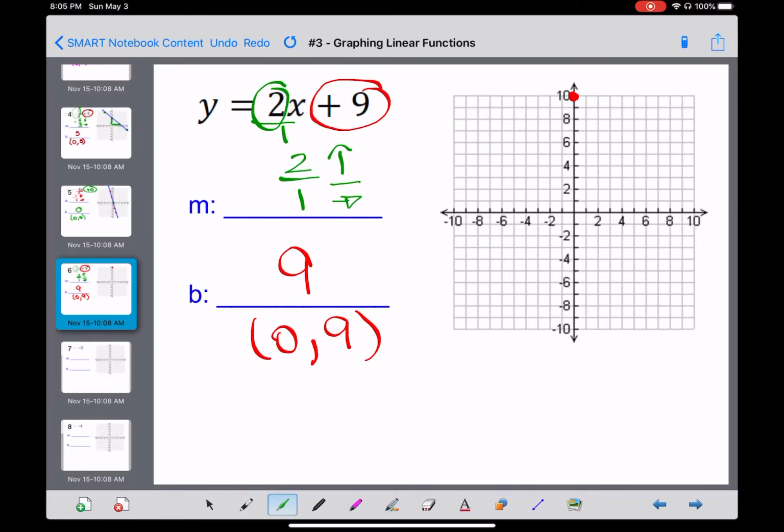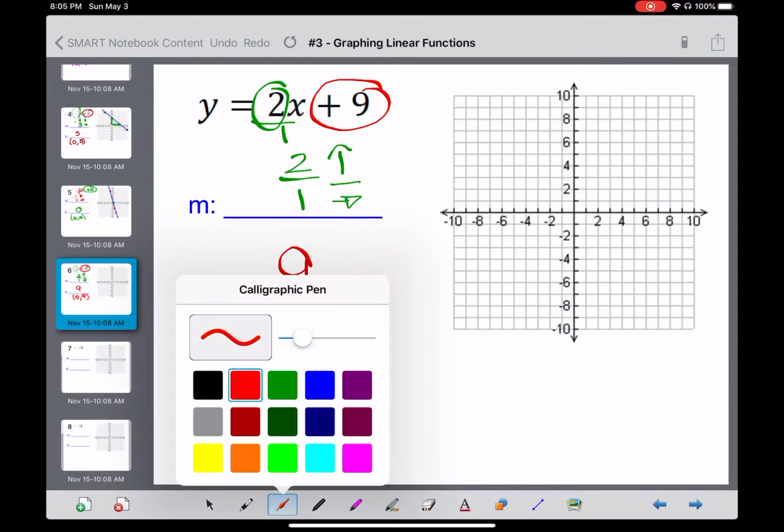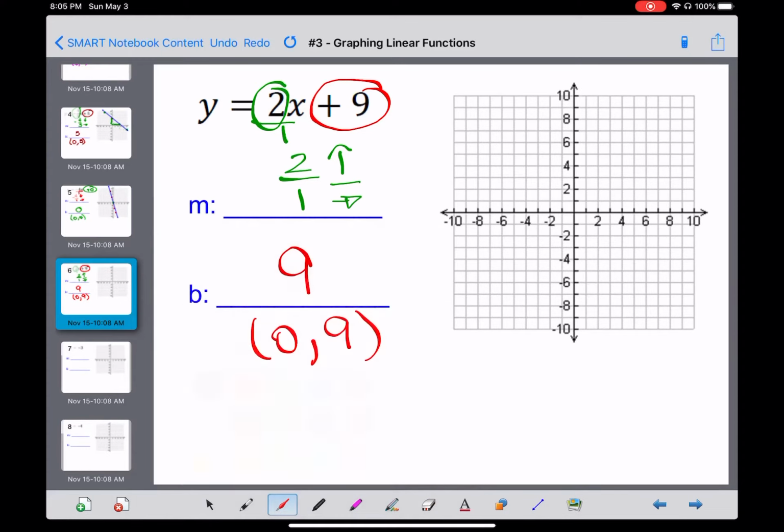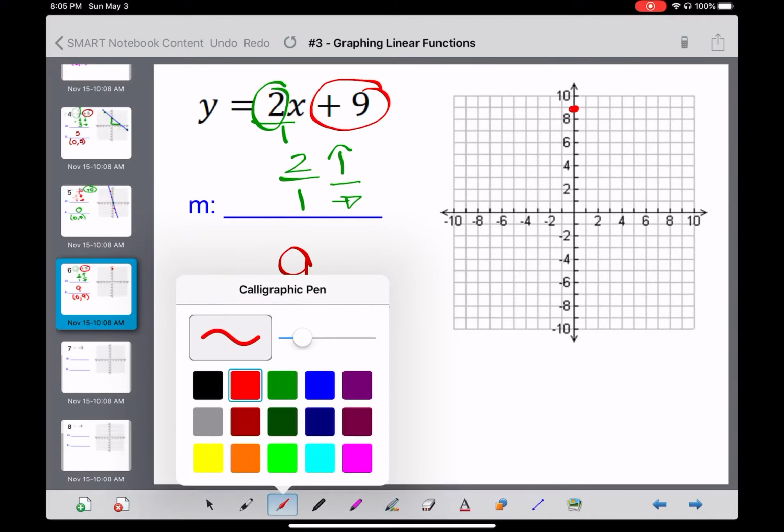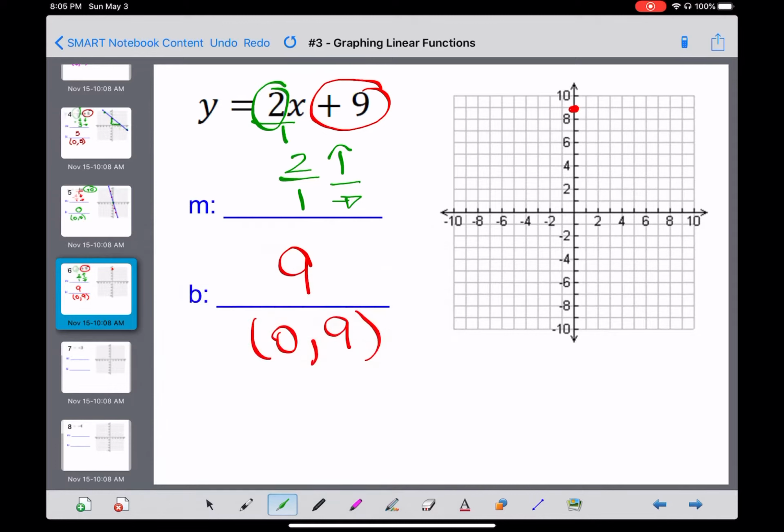But if you notice, I plot that point in the wrong place. All right, so here it is. It's at 9. But I cannot go up 2 because I ran out of room. If I were to do it, I could go up 1, 2, and 1 across. So it's somewhere up here.